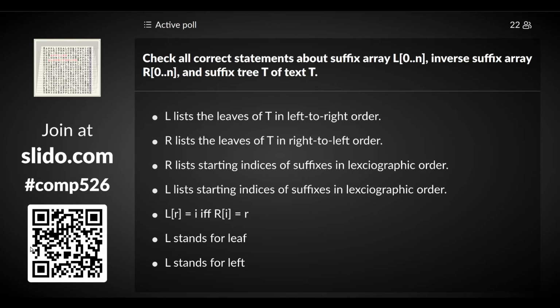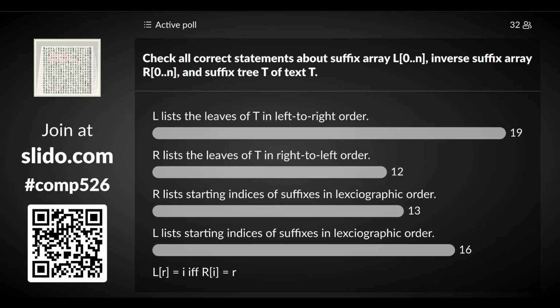Maybe a few more than 19 is possible. All right, I'll leave it open, but here's the distribution of answers.